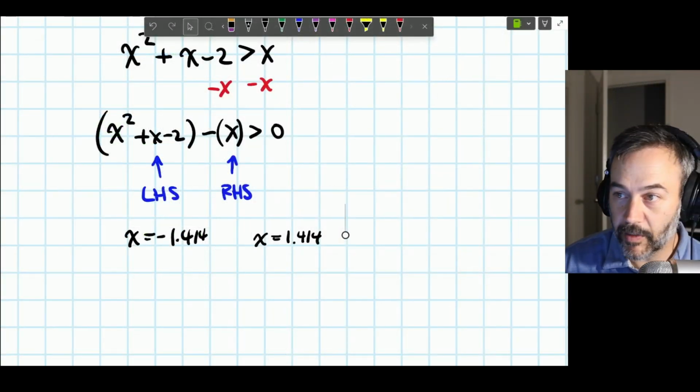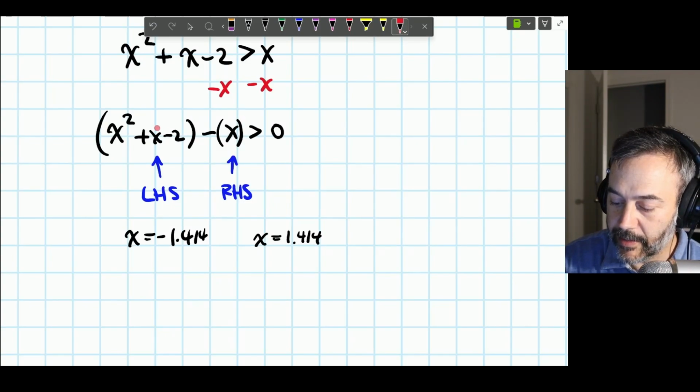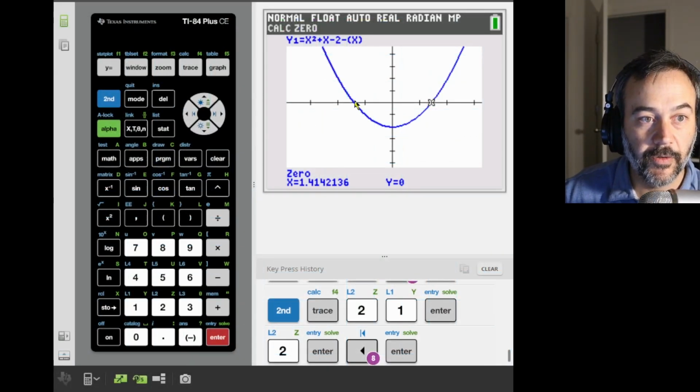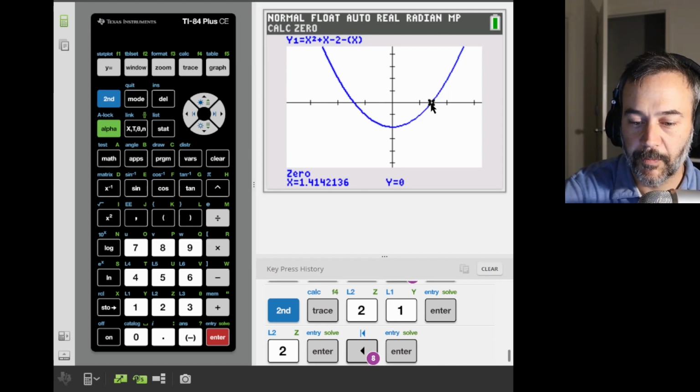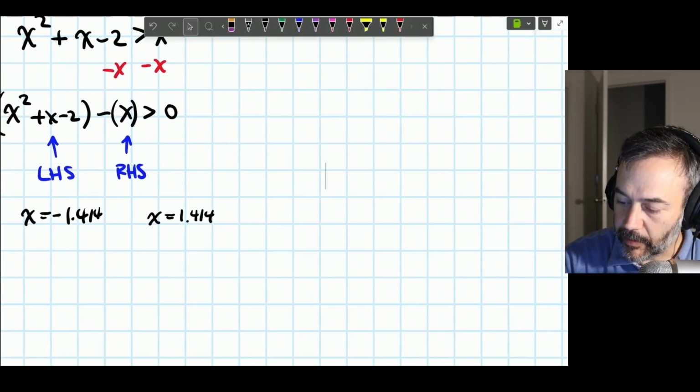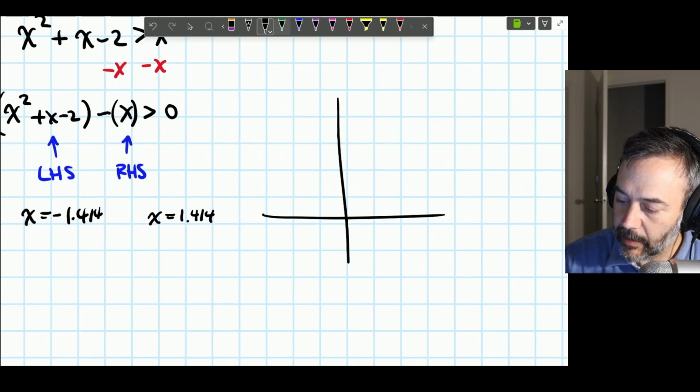Okay, so remember, we want to know, when is this graph greater than 0? That is true when you're to the left of this intercept or when you're to the right of this intercept. So our graph now looks like a parabola that looks like this.